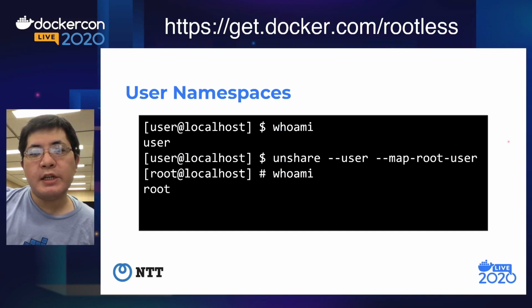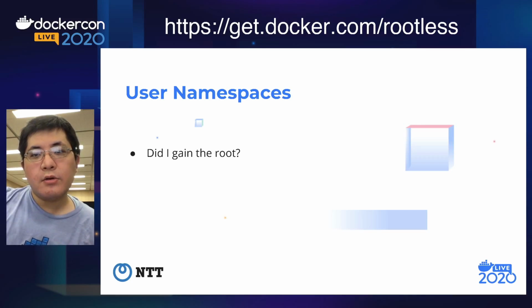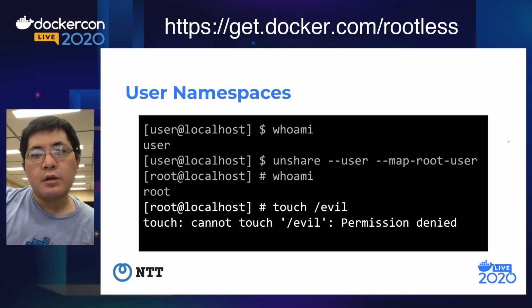But if we execute unshare command with --user and --map-root-user, the username changes into root. So did we gain the root privileges as in sudo command? Let's verify that question by trying to write a file in the root directory. So we run touch /evil and it fails with permission denied error.